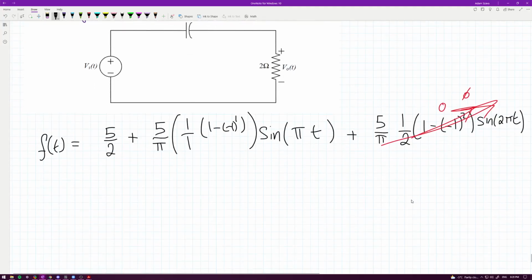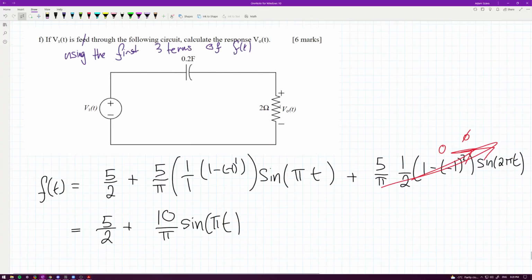So let's just simplify these first two terms here. So 5 over 2 plus 10 over pi sine pi t. And from here, to figure out the VO, all you would do is superposition.